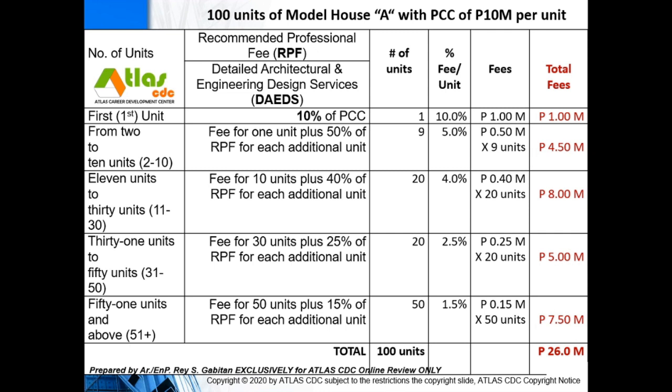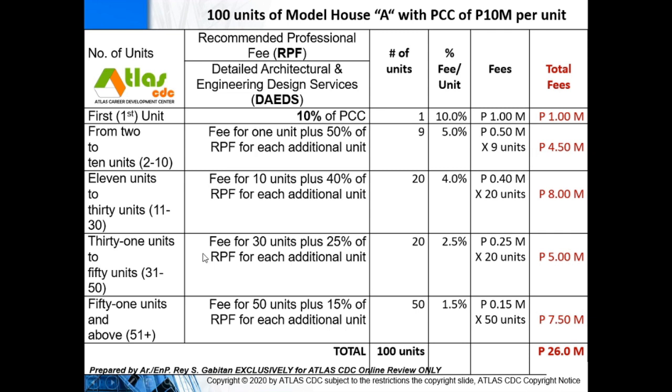For the second to the 10th unit, each unit will be at 50% of the first unit. So 50% of your 1 million fee for the first unit is 500,000. And then you have 9 units, so your fee is 4.5 million. Now the next 11 to 30 will be 20 units total, computed at 40% of the fee for the first unit.